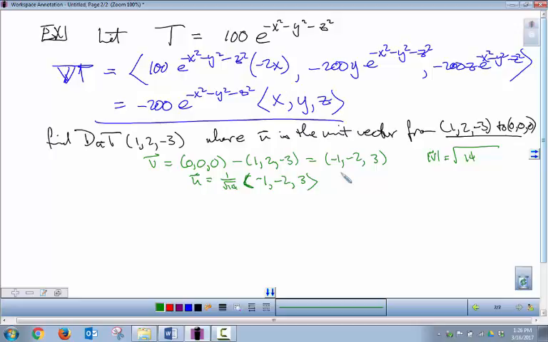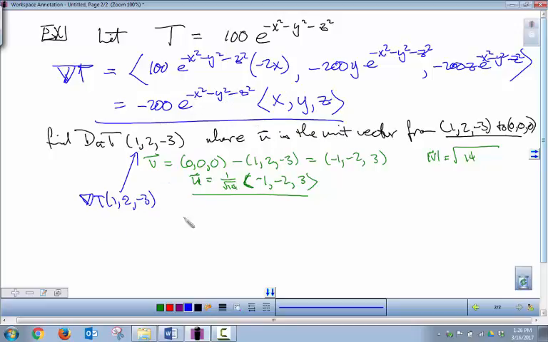So this is what we have for our unit vector, and this is what we have for our gradient. The only thing left to do is we have to evaluate it at that specific point. So take your gradient and then evaluate it at 1, negative 1, positive 2, negative 3.